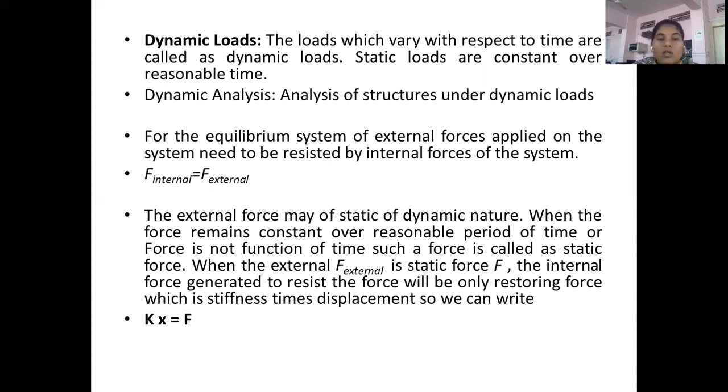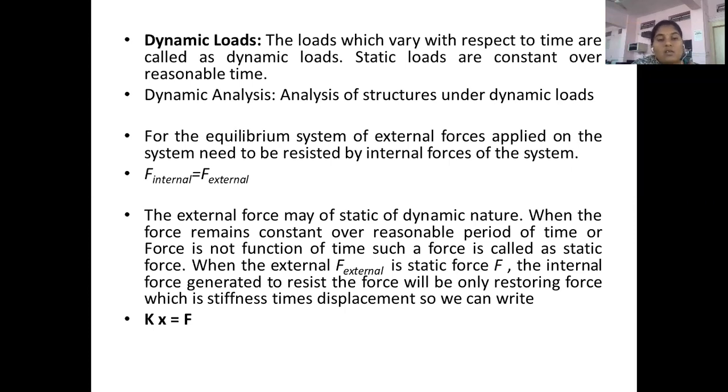Internal, what does it mean? Whatever forces are coming on the system are resisted by the internal body, and then the system is at the equilibrium position, so we can note it as F internal equals F external, and Newton's law is used here.